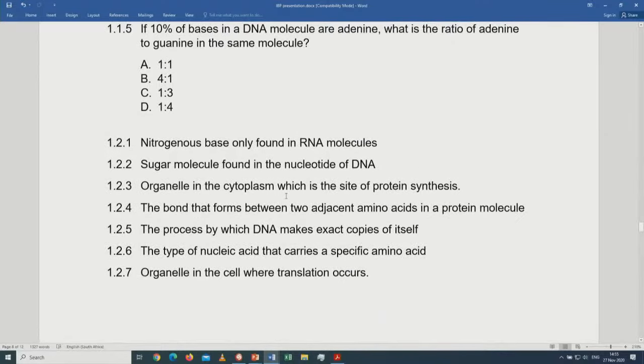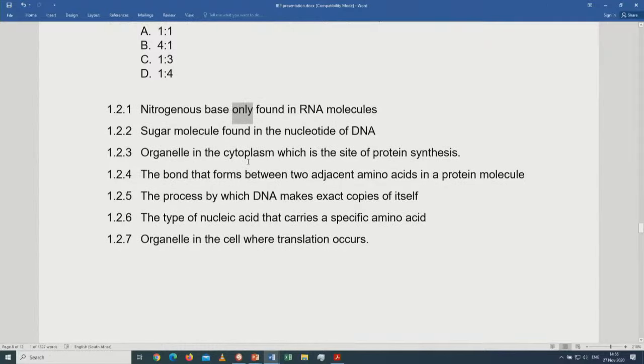And now biological terms. As I've indicated in the beginning of the session, spelling mistakes occur where candidates provide wrong spellings to the biological terms, which changes the entire meaning of the definition. Nitrogenous base found in RNA molecule. This one says it is only found in RNA molecule and not in DNA molecule.